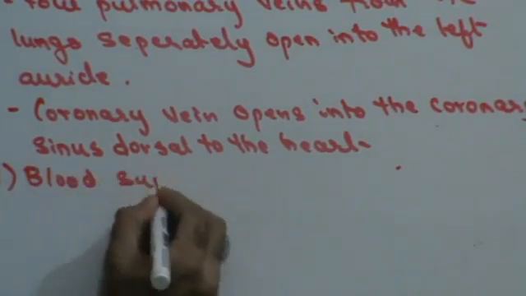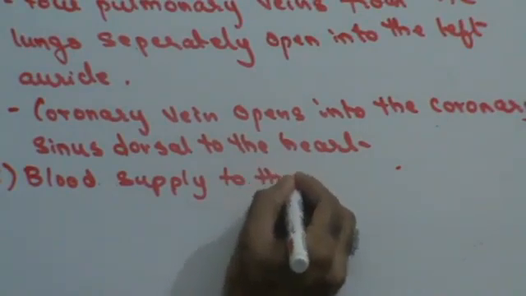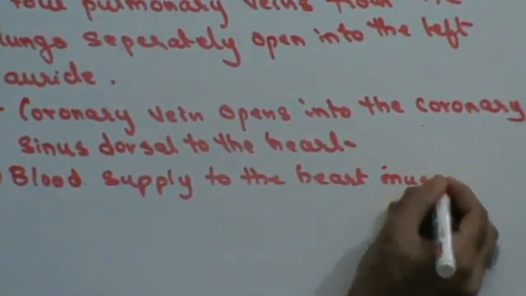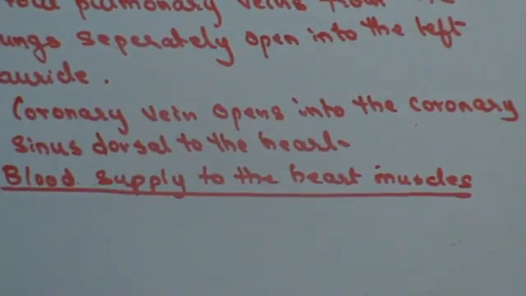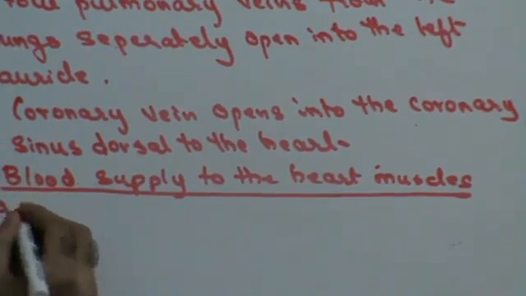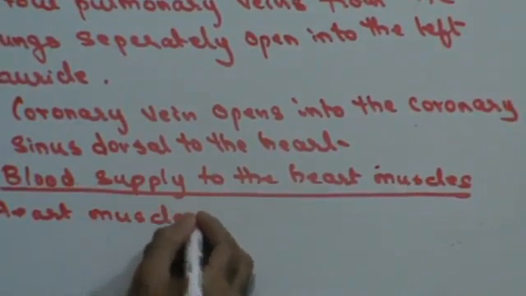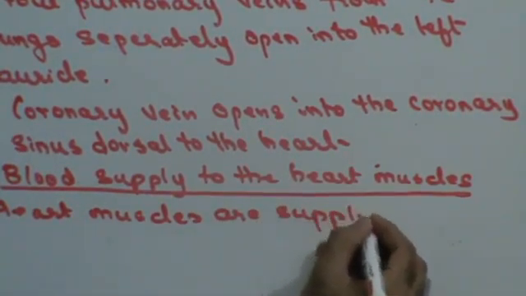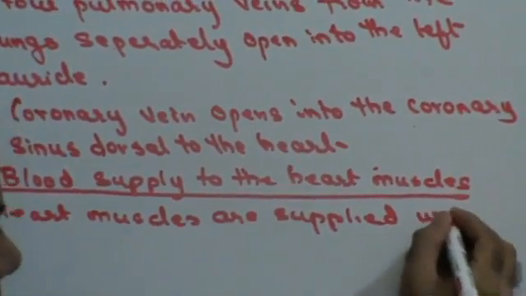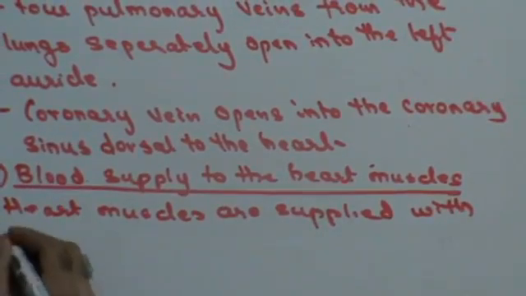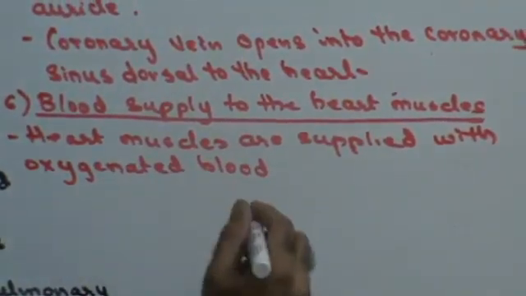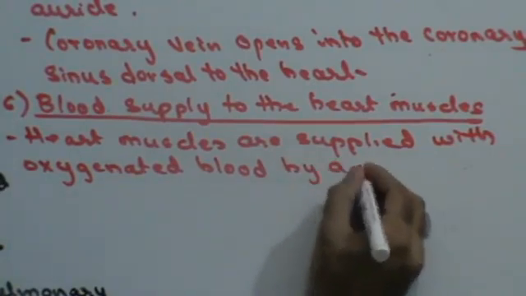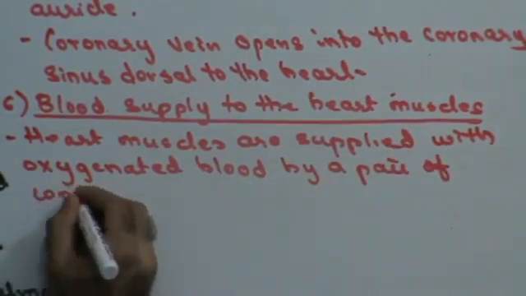Now, the heart muscles are supplied with oxygenated blood by a pair of coronary arteries.